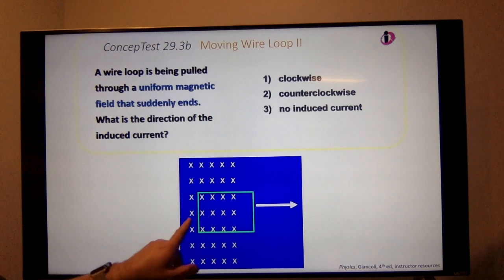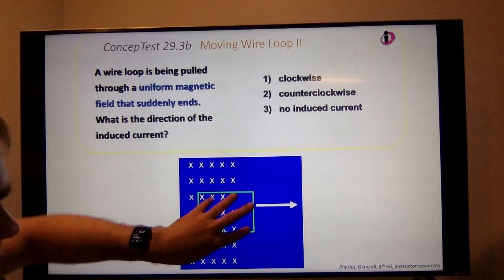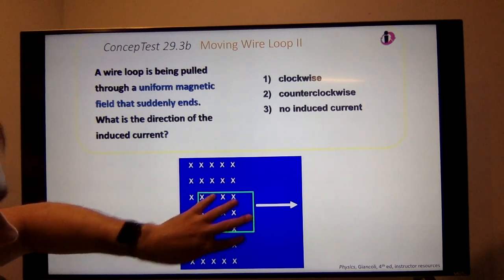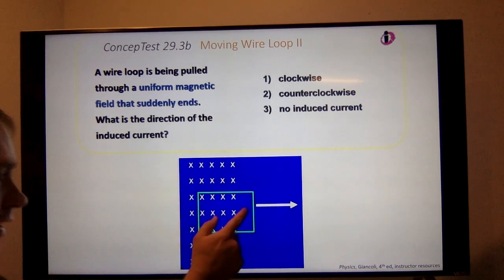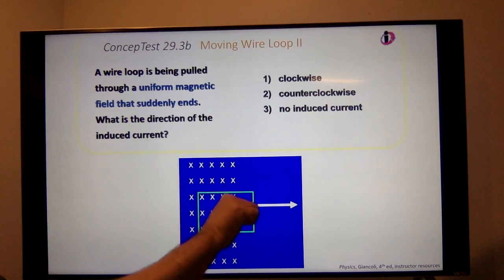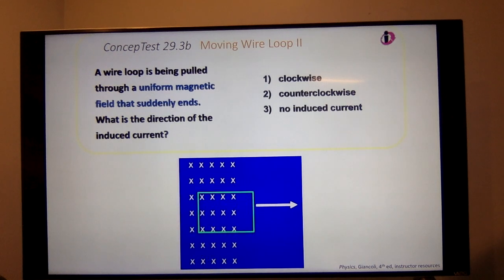On the other hand, if now this thing begins to leave the magnetic field, it's like, my magnetic flux is going away, it's dying, I'm losing it. This loop is going to create its own magnetic field to try to replace what's being lost, so it's going to create a B induced. Let's put that here somewhere. So we'll say like this, it's like, oh, I need to put my own back in here.